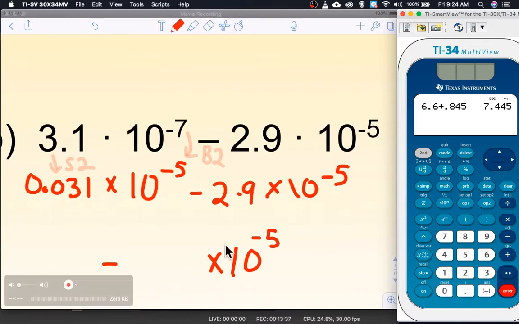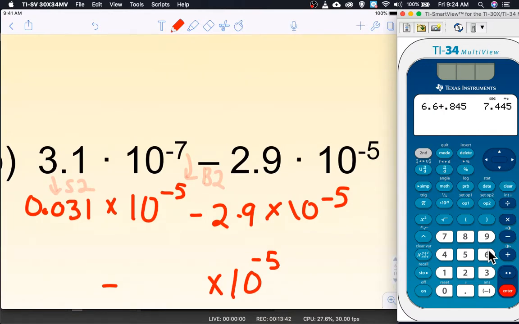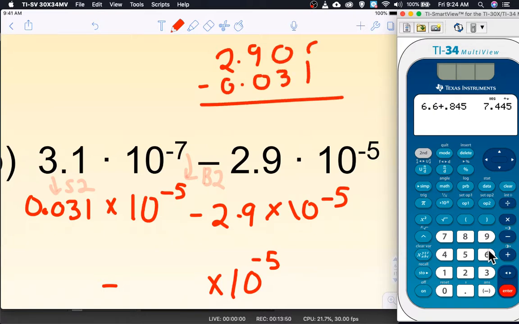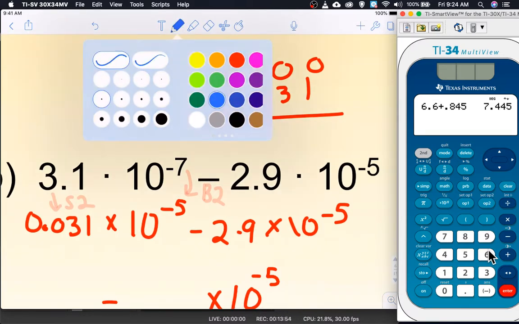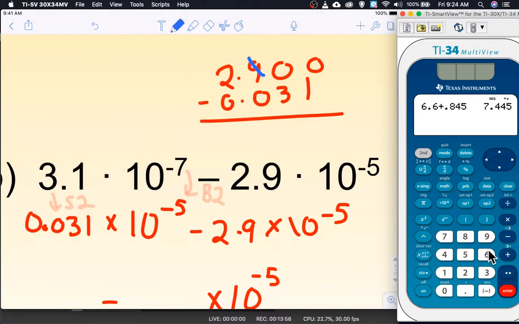I can use our calculator for the decimal math, or I could do it by hand: 2.9 minus 0.031, and you'd add your zeros, and you'd have to borrow, and this would go down to an 8, and that would become a 9, and that would become a 10, and we get 10 minus 1 is 9, 6, 8, 2.